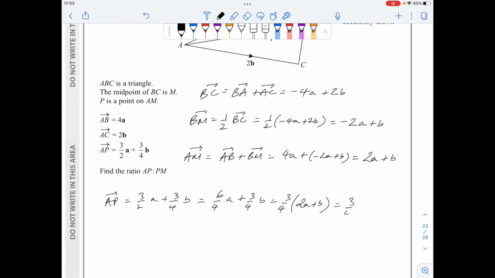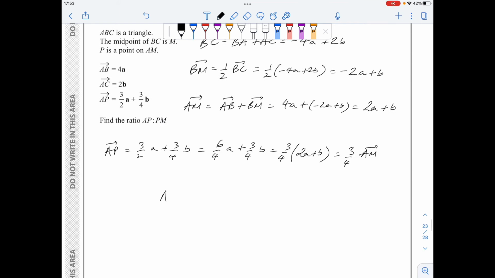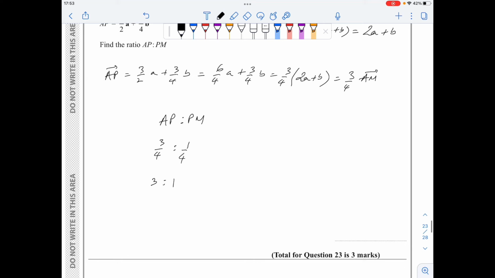So I've got 3/4 of vector AM. Now, since AP is 3/4 of AM, it means that PM is the other quarter of AM. So I can write AP to PM. This is 3/4 to 1/4, and you can simplify this one as 3 to 1, which is my final answer.